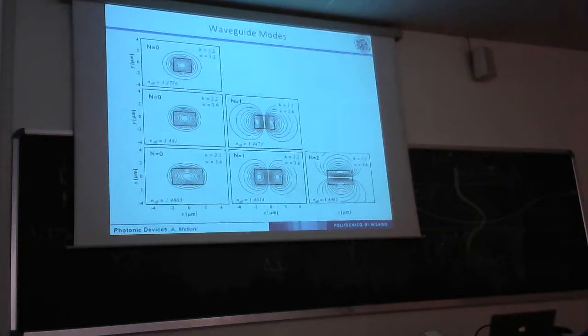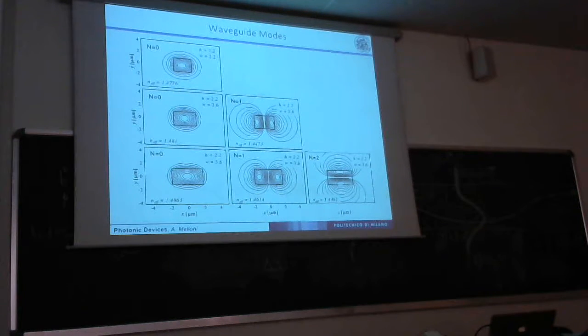So you have to imagine the core with the surrounding material, and this is the fundamental mode that is centered in the core. There is field outside, and these parts are exponential decay of the field, while the central part can be described roughly by a cosine function.